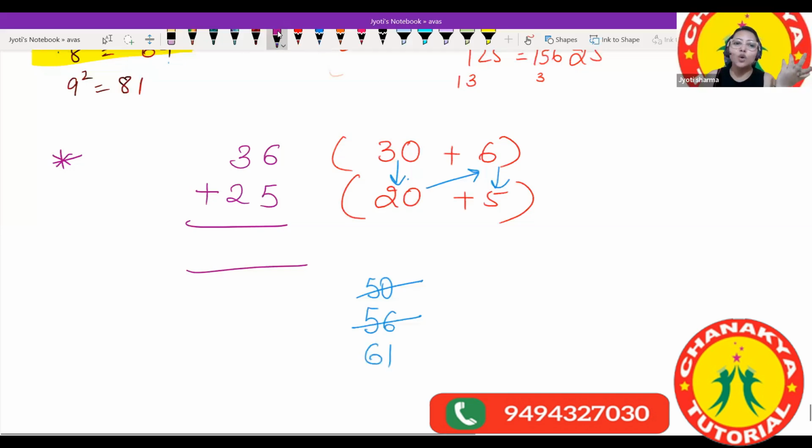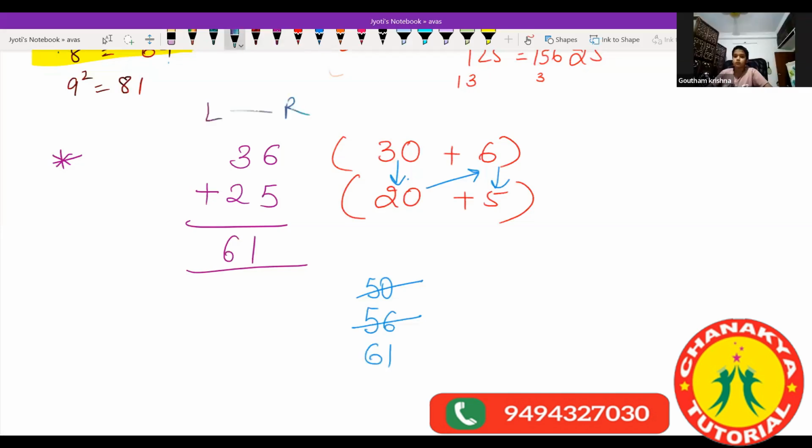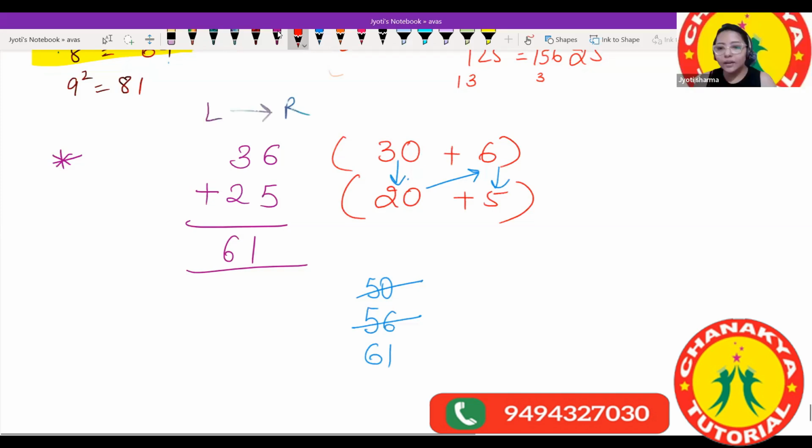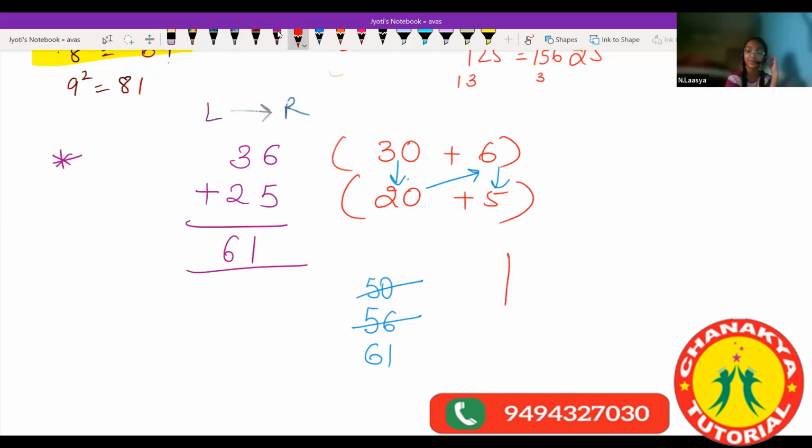So what is the direction? You have to add from left to right. In which direction do you have to add? Left to right. We learned this in Vedic maths, ma'am. Yeah, wonderful. Have you learned it in the same way? No, ma'am, but in a faster, easier way.